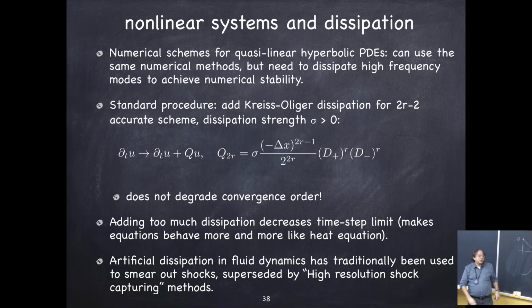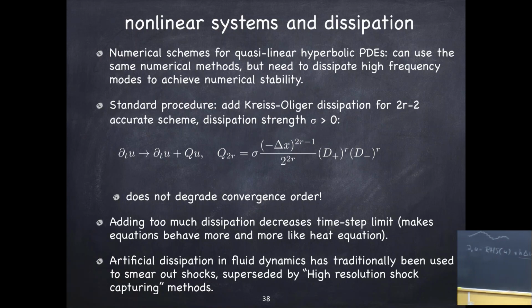So this takes out the noise from my equation, but I do it in such a way that in the limit this term vanishes, because in the limit of infinite resolution, I need to apply less and less dissipation. But then this is basically first order accurate.